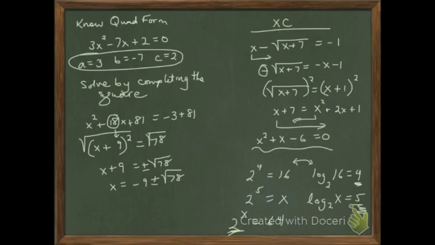I could say, okay, well, 64 is 8 times 8. 8 is 2 times 2 times 2, times 2 times 2 times 2. How many 2's did I have? 6. So x would equal 6, something like that. Okay? If you understand how exponents work, you might be able to solve those.